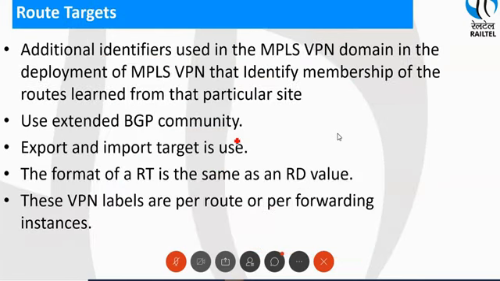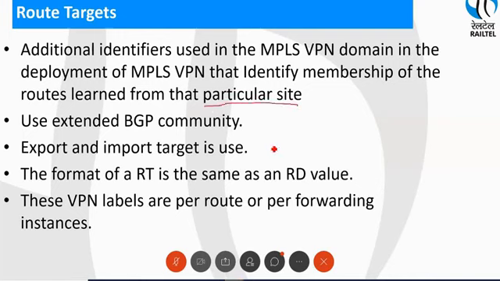Then we have a route target. We require a route target because it is an additional identifier used in the MPLS domain to identify the membership of the routes learned, that is, from the particular site of Indian Railways or DRDO.